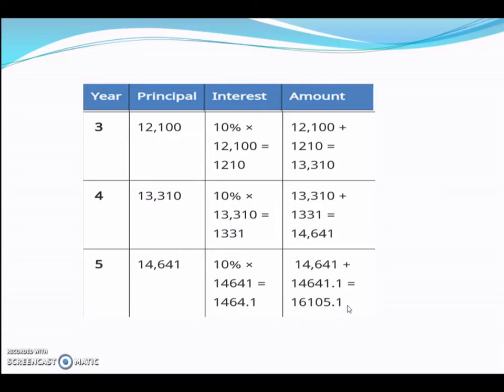So at the end of 5 years, if the interest is compounded, then I will receive 16,105.1 rupees. If simple interest is being added to it, then it will be 15,000. So you can see the difference in amount if the interest is simple interest or the interest is compound interest.